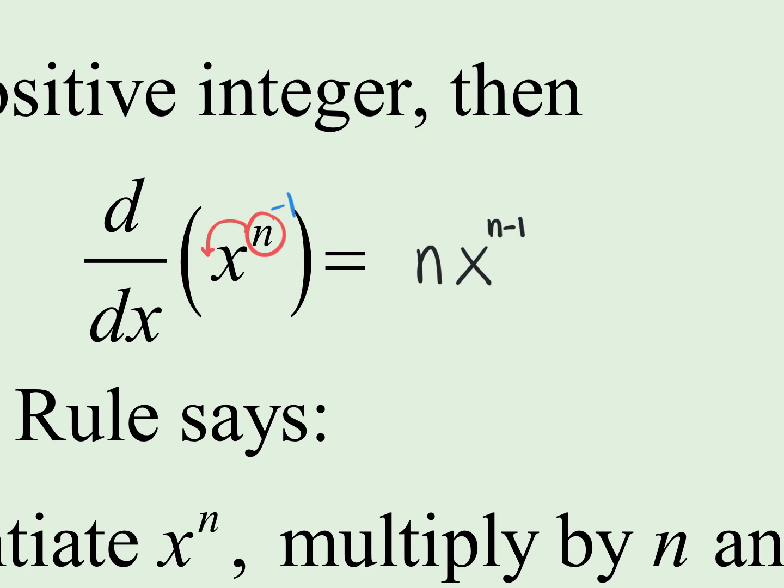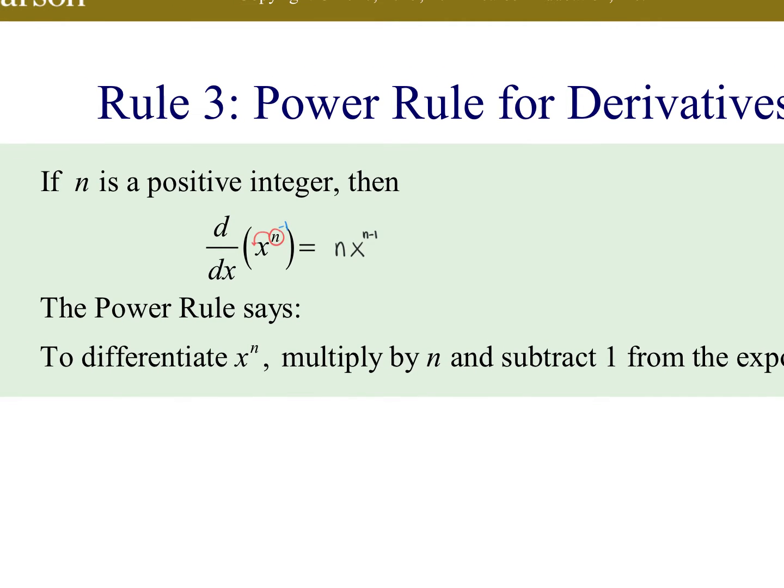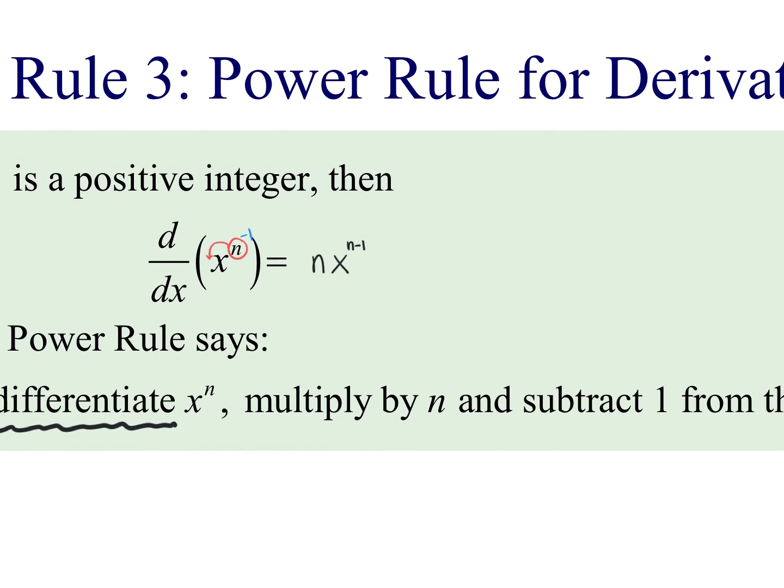That will always tell you what the derivative is, and also will tell you what the slope is. So to differentiate, which is a good word, to differentiate means to take a derivative. You multiply by n and subtract 1. That works for any curved rational function.